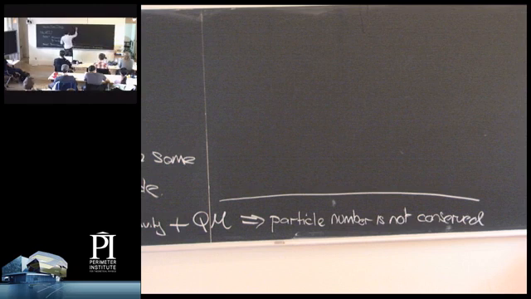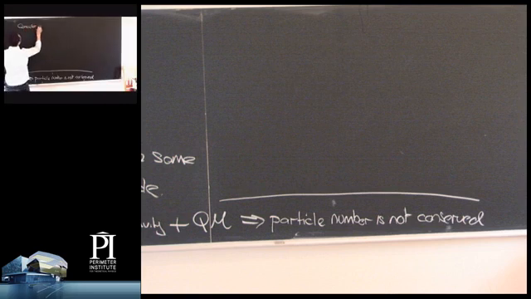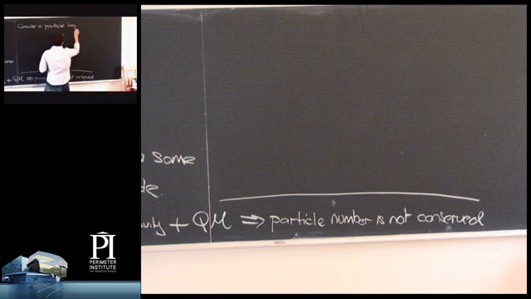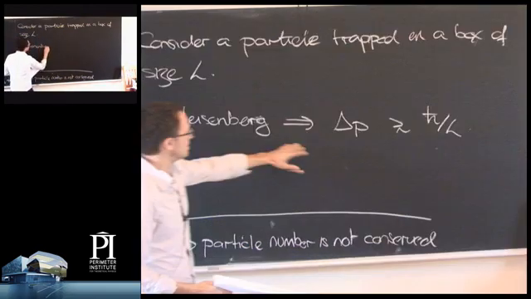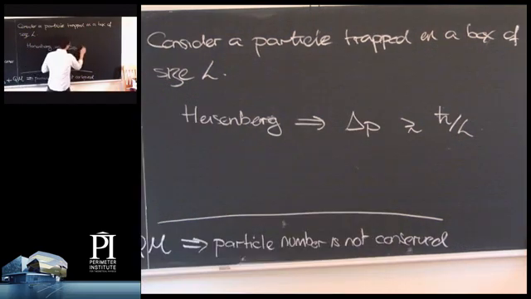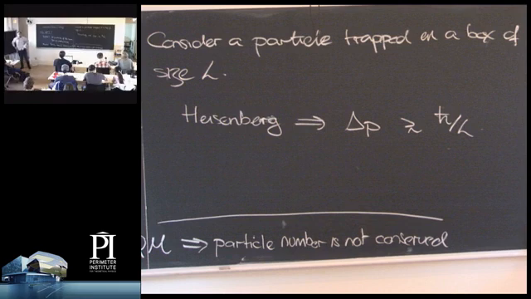Okay, so consider a particle trapped in a box of size L, and we know that Heisenberg tells us that we don't know the momentum of that particle.